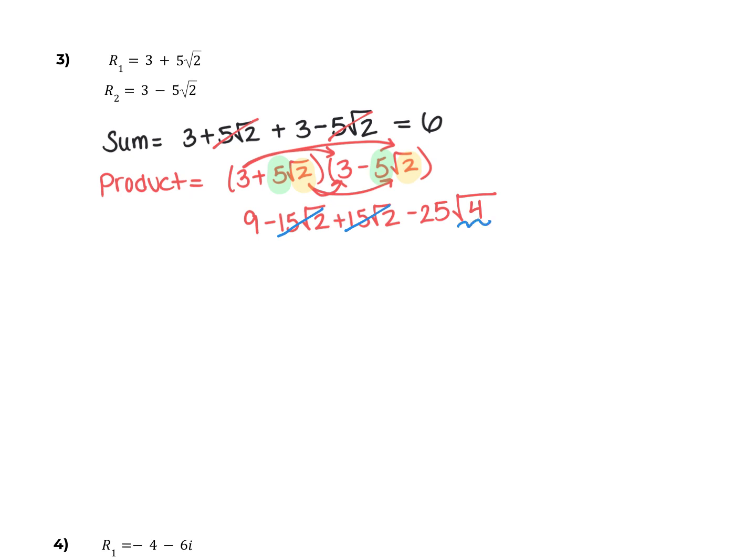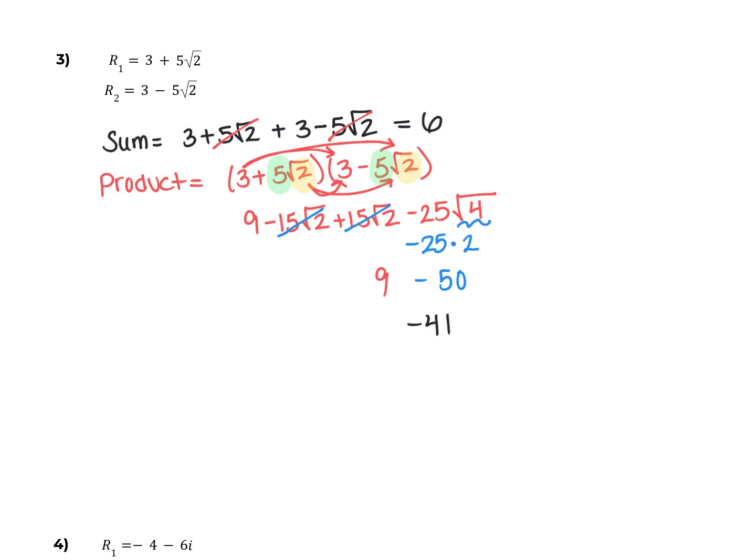You should also notice that the square root of 4 is 2. And then when you do 25 times 2, you get 50. So it's negative 50. And then you have this 9 from the front. So it's 9 minus 50, which gives us negative 41. So our sum is 6, and our product is negative 41.